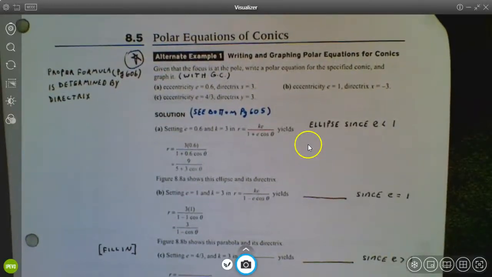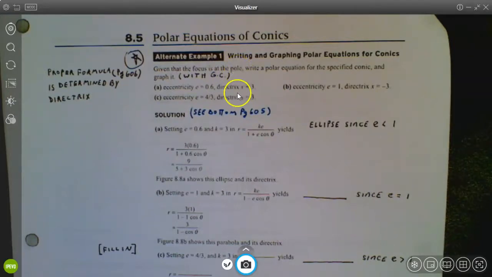The second thing would be to determine which formula to look at. Because this is x equals 3, I know that this is a vertical line. And if these graphs have a focus at the pole, that's like saying your focus is at 0, 0. Right? At the pole means 0, 0.